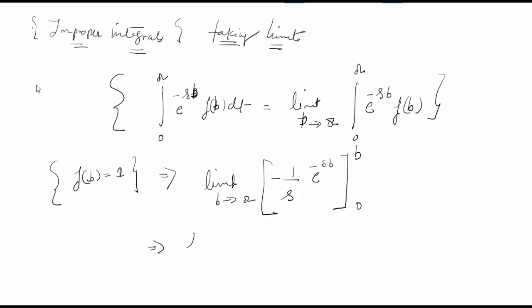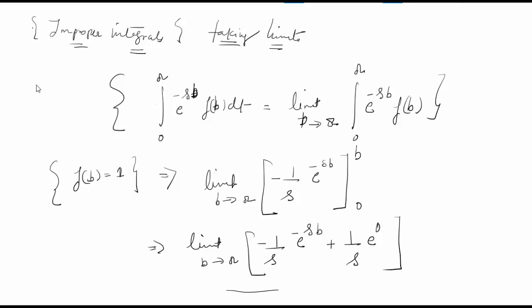So this is the limit as b tends to infinity of minus 1 upon s into e raised to minus sb plus 1 upon s into e raised to 0. As b tends to infinity, the first term tends to 0, and e raised to 0 is 1, so the answer will be 1 upon s.